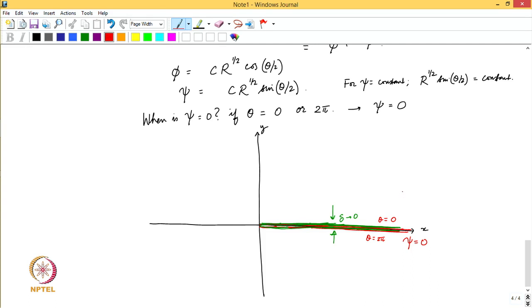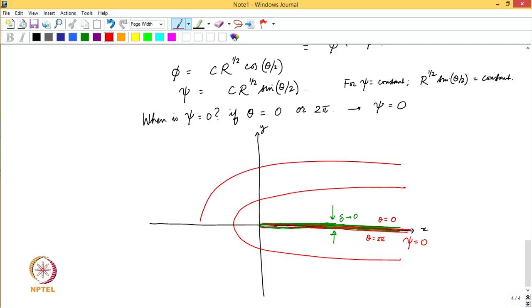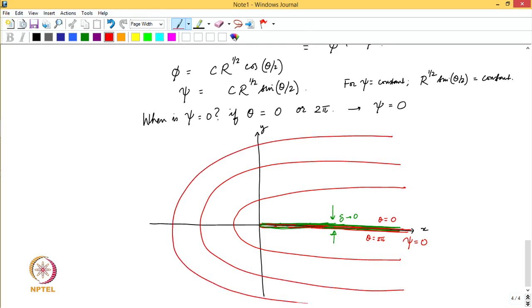So, the psi constant lines would resemble a locus of this type. All right. So, these are lines of constant stream function, including of course, the theta 0 and theta 2 pi line.